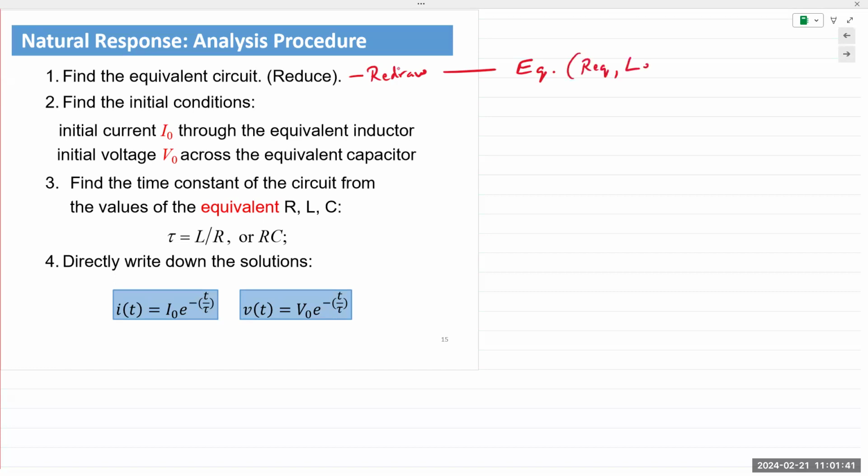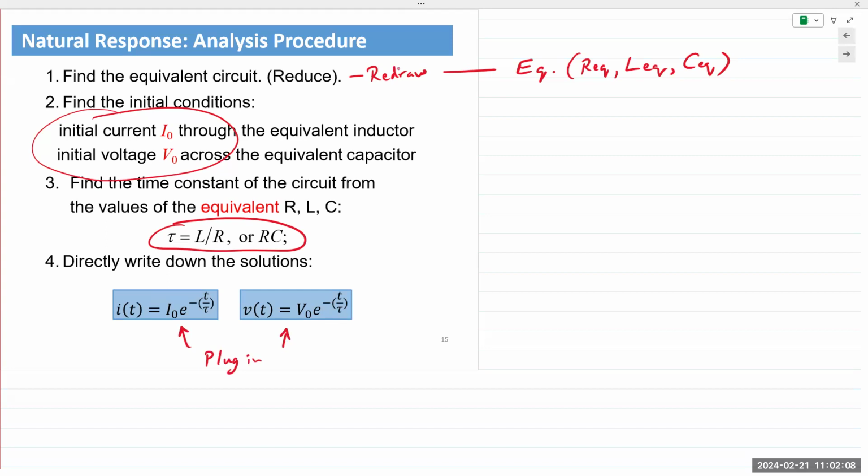REQ, LEQ, or CEQ, or the Thevenin voltage and Norton current. Establish and find the initial current and voltage, find the tau, and then directly plug in the values in these equations. And then that's it. That's the solution for a first order circuit.